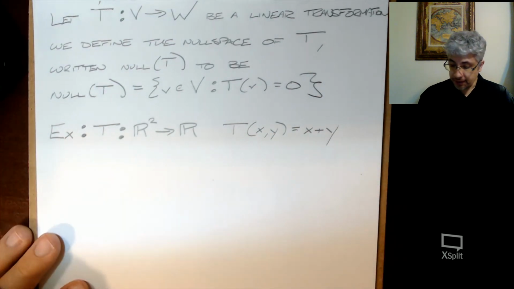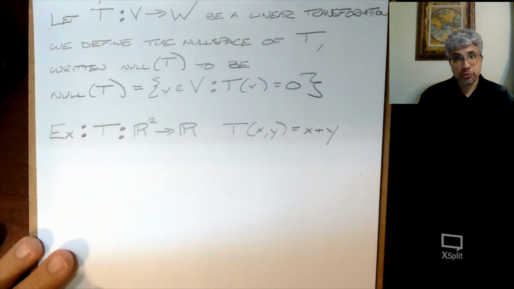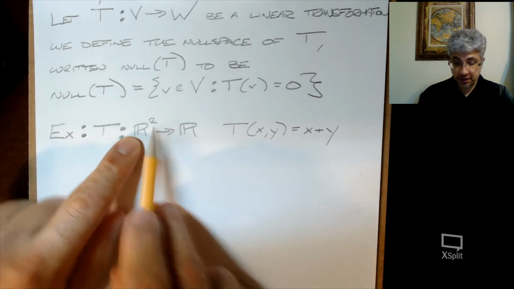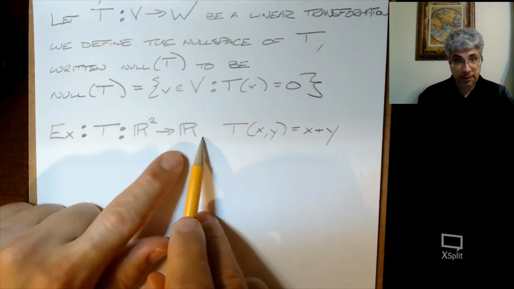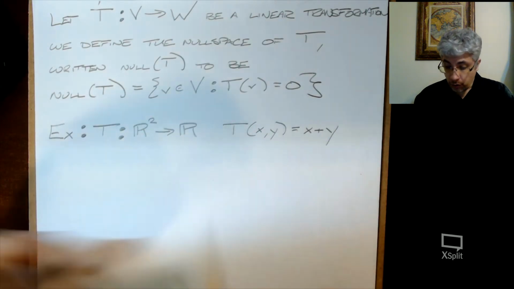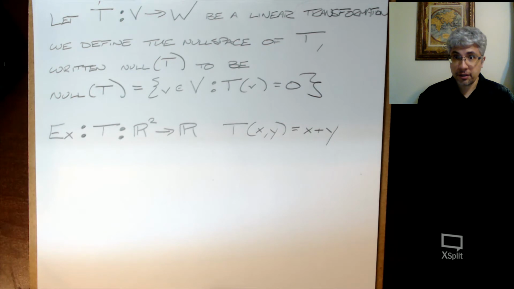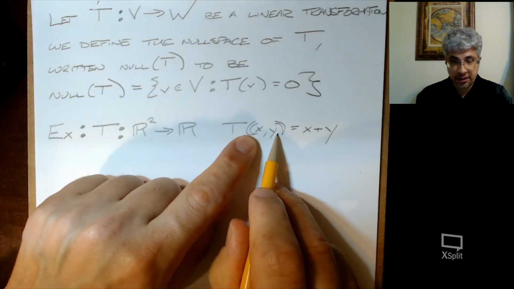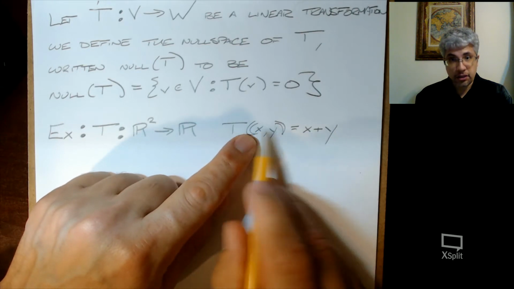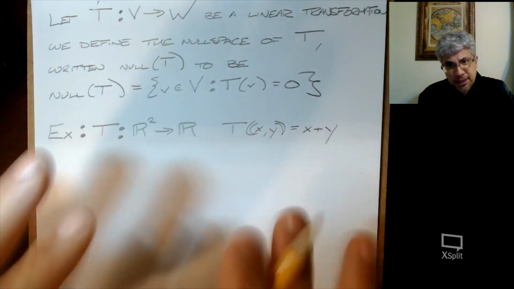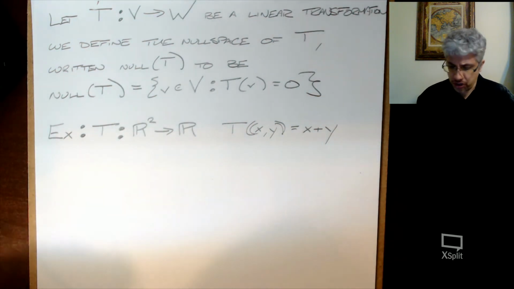So basically, I take in two real numbers and I output a real number. So R squared is a vector space, R is a vector space, it's a map between vector spaces. Is this linear? Well, let's check quickly. Oh, by the way, I should do double parentheses here because this is T of the two-tuple (x, y) inside the function. Just to be rigorous, not to abuse my notation too much.